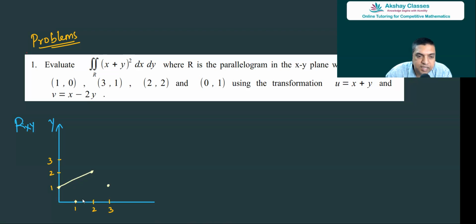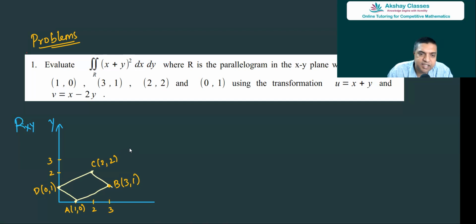So this line and this line are parallel, and this line and this line are parallel. Okay. So this point, we can take it as A, 1 comma 0, B, 3 comma 1, C, 2 comma 2, and D, 0 comma 1.